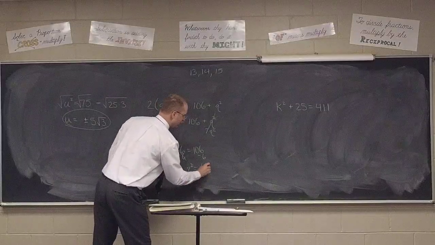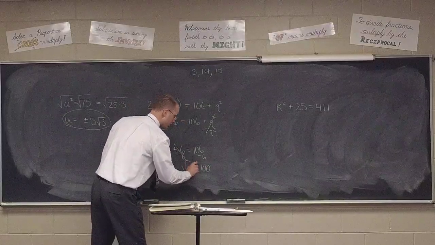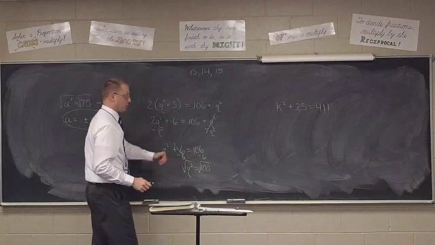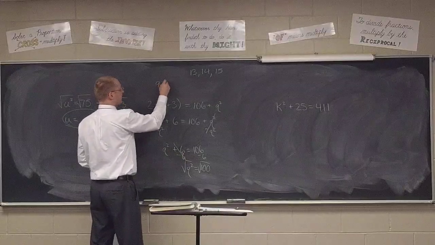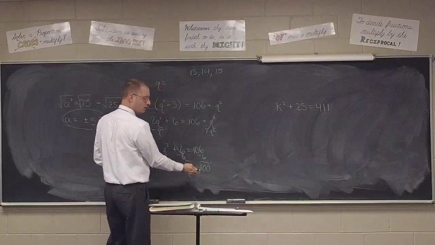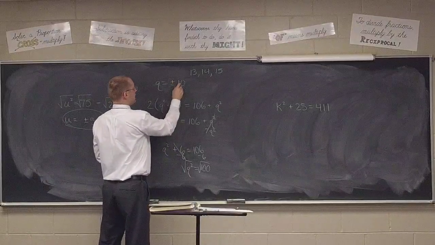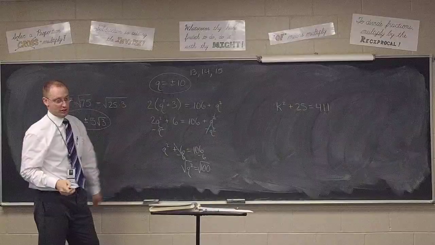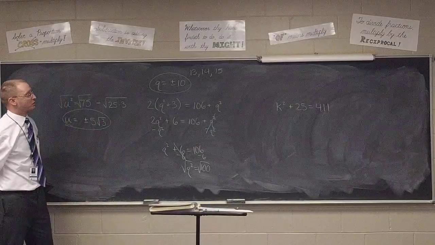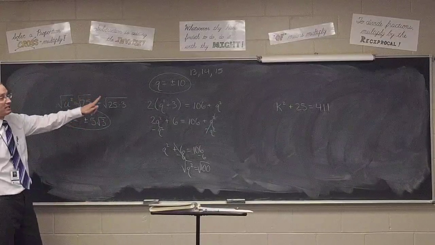And then I need to take the square root of both sides, and of course the square root of q squared is just q. Can I take the square root of 100? Yes. So I get positive negative 10. And that time it did work out rational. That's happy. Doesn't always work out that way. Didn't last time, but it did here.